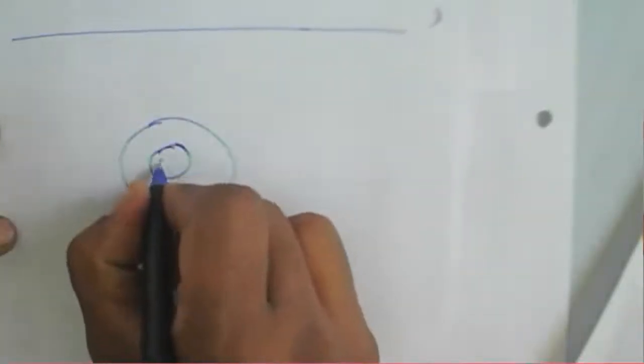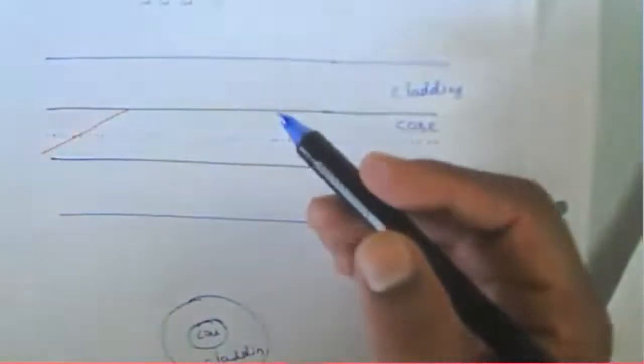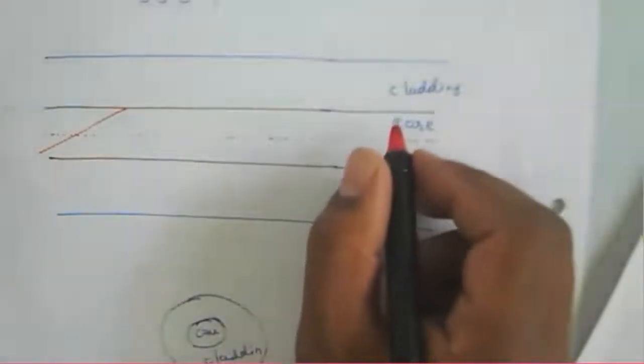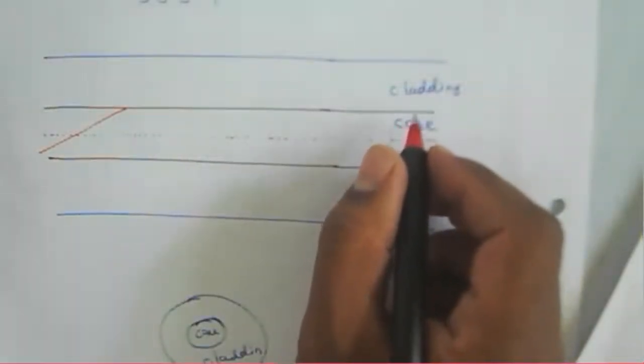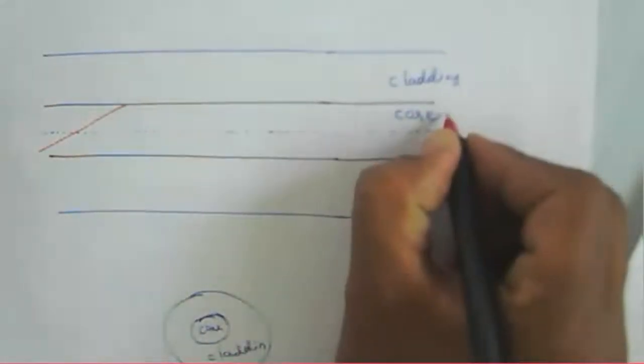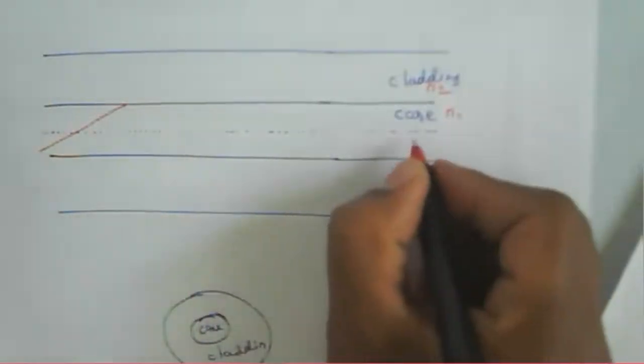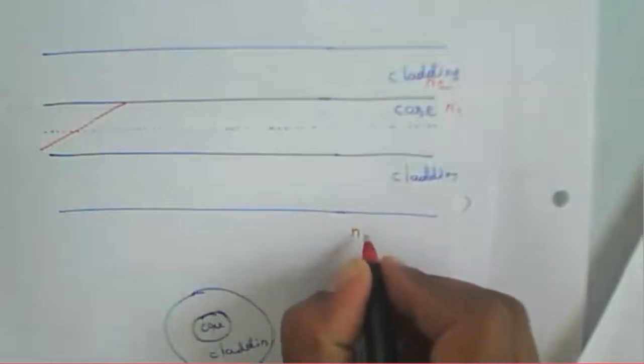Now how does it look? Suppose I draw a cross section of a fiber. If I cut the fiber, it looks like this: this is the core, and this is the cladding. I just cut the section, and this is the view of an optical fiber. Because of the variation in the refractive index, generally the core has the high refractive index and the cladding has the low refractive index.